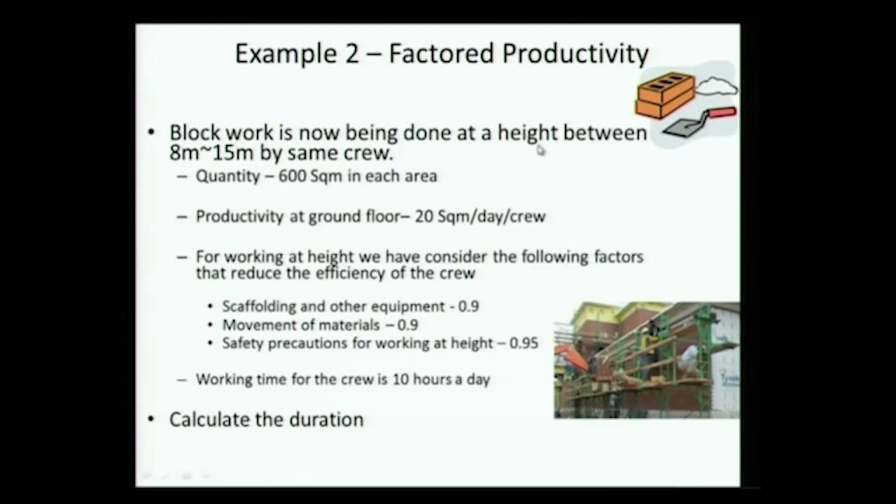Now the same crew is going to work at a height of 8 to 15 meters on a scaffold. Before they were working on the ground, they could walk around. There was no problem. No safety harnesses, nothing was required. Now they're going to work on a scaffold. What do you think are the factors that influence productivity here?